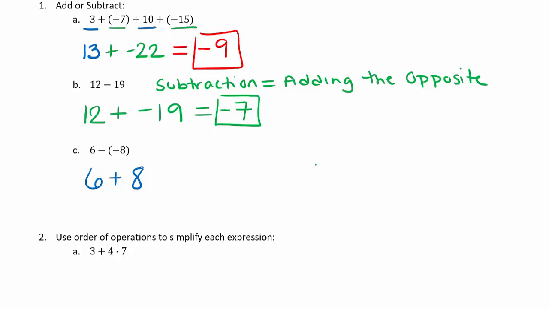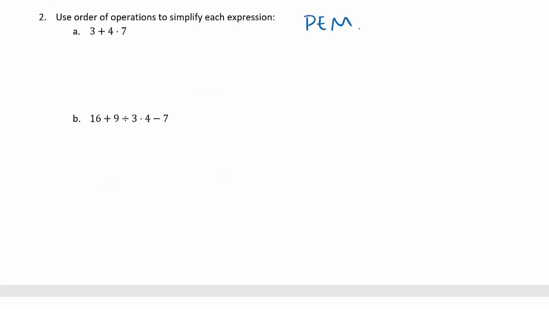So 6 minus a -8 becomes 6 plus 8, and that's just 14. Another way of thinking about this last problem is you have two negatives. A negative turns into a positive. Some people like to think of those two negatives as kind of canceling each other out, or it's a double negative which turns into a positive.